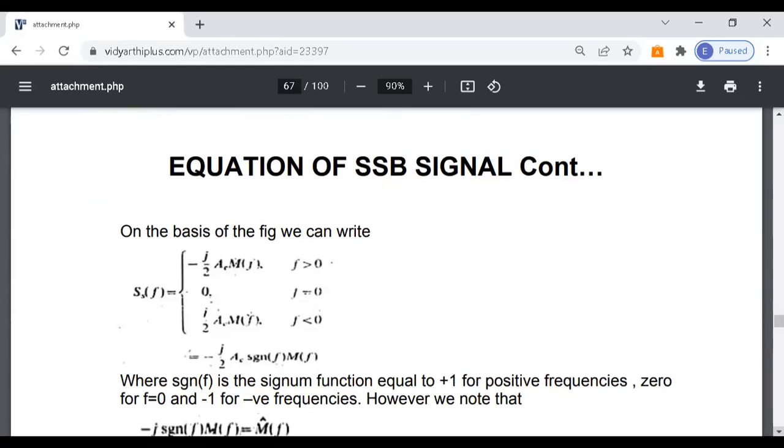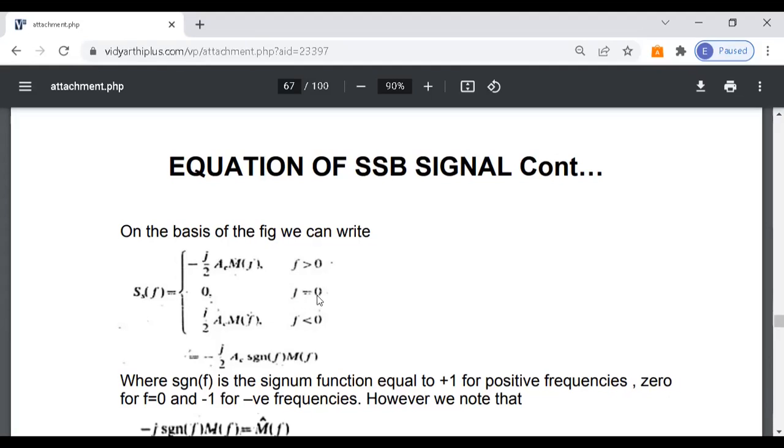So, for f greater than 0, S of f equals half j over 2 A_c M of f.